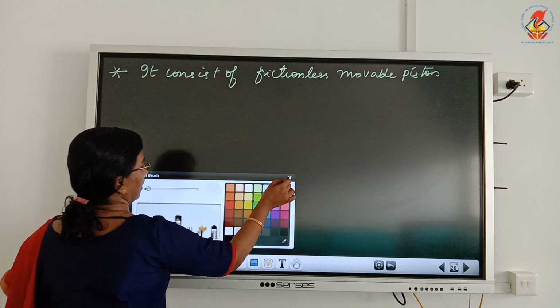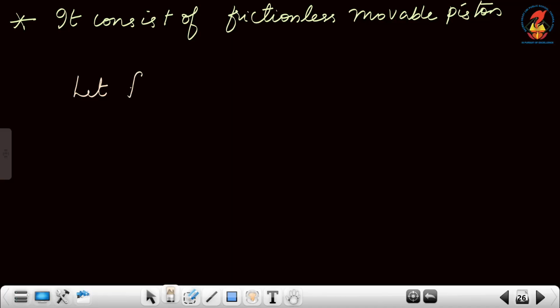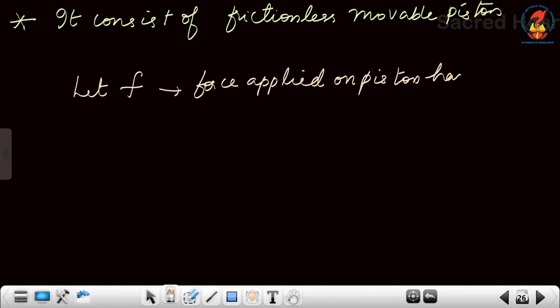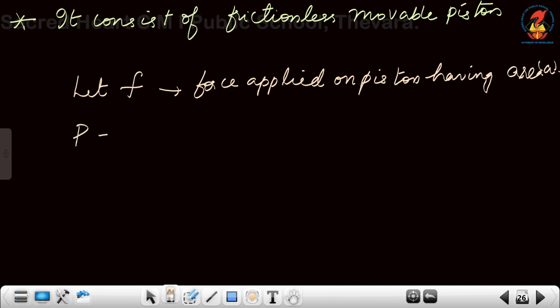So let small letter f be the force applied on piston having area small a. Then the pressure exerted on this side will be f divided by a.